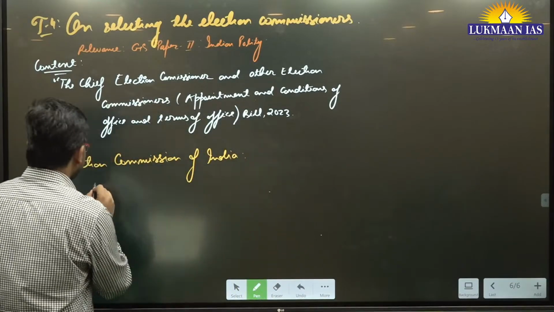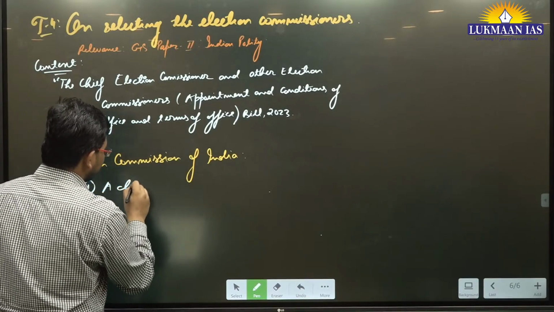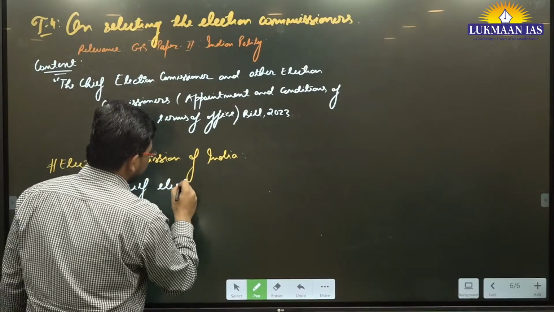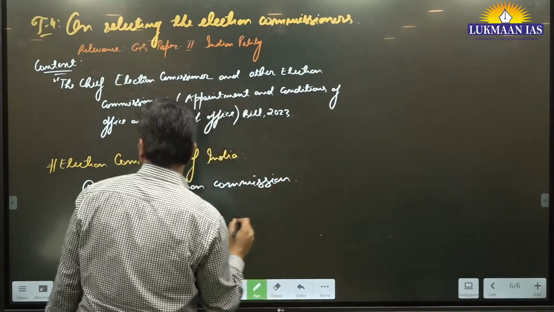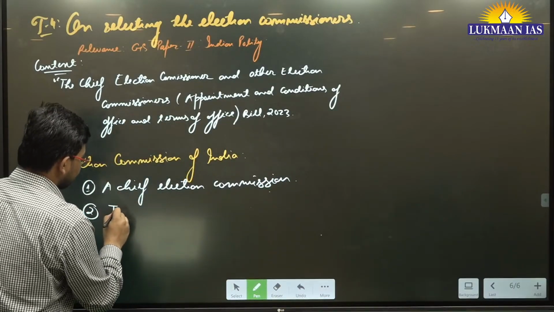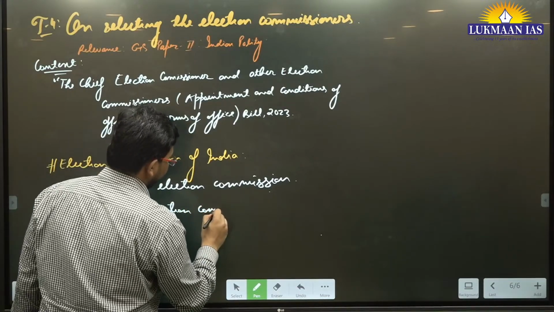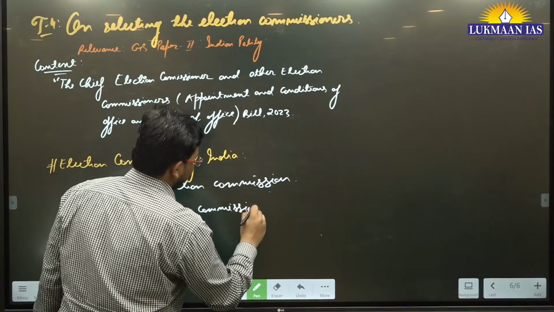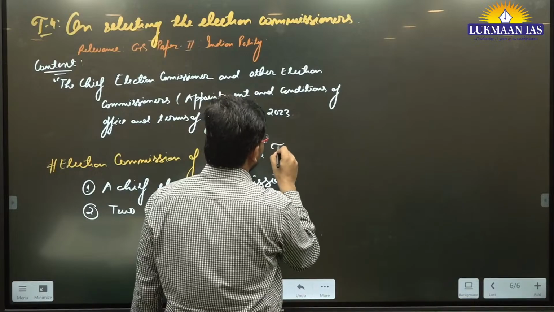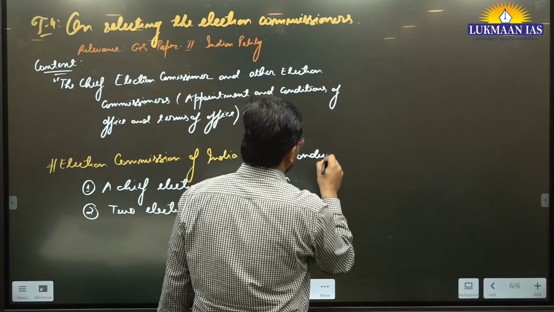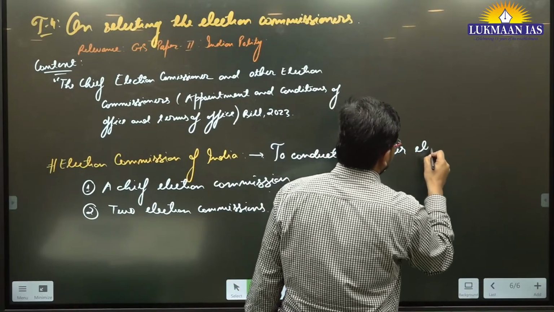Number 1, it has a Chief Election Commissioner, and apart from this, it has 2 Election Commissioners, okay. The Election Commission of India has been mandated to conduct free and fair elections in India.